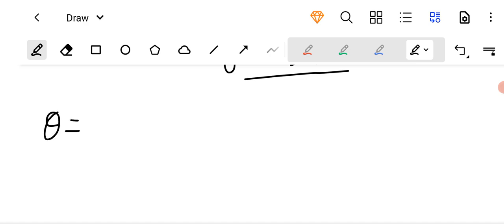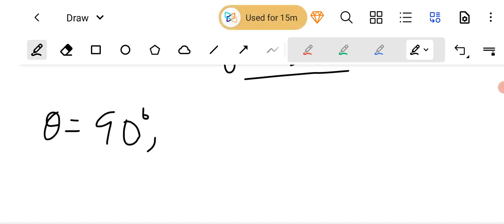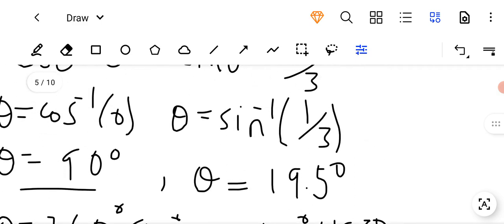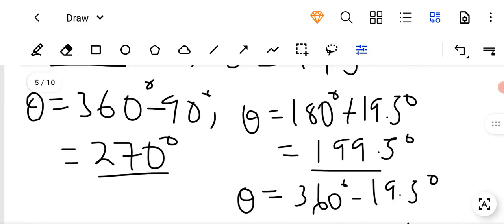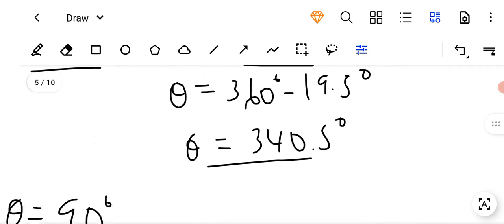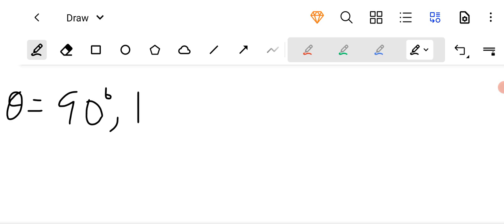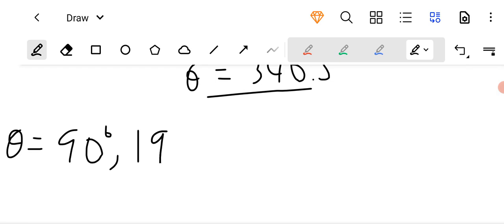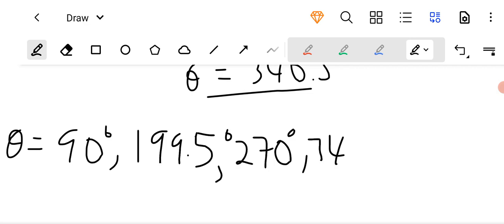So the first one is actually 90 degrees, the next one is 199.5 degrees, next is 270 degrees, then the last one is 340.5 degrees.